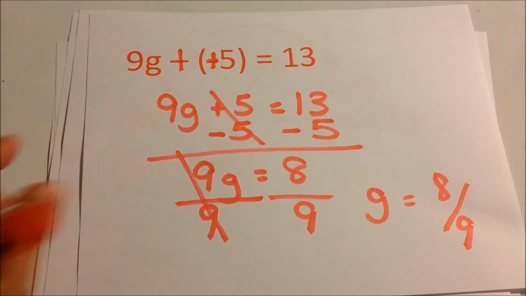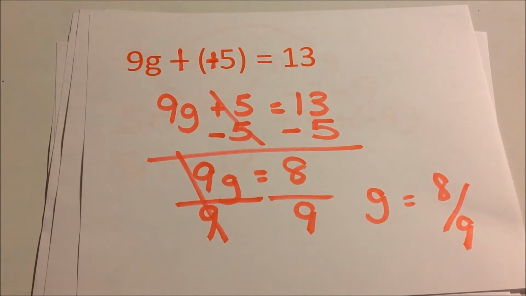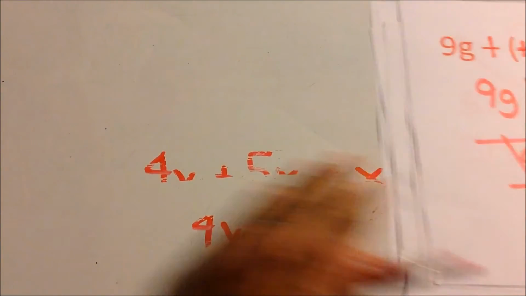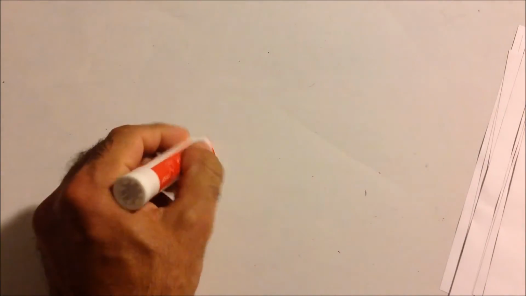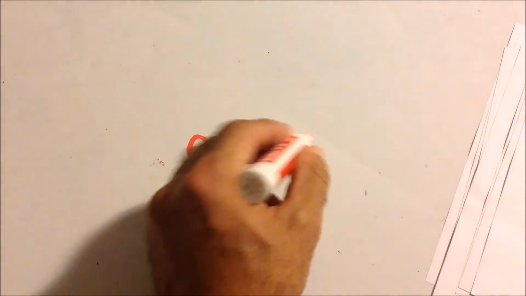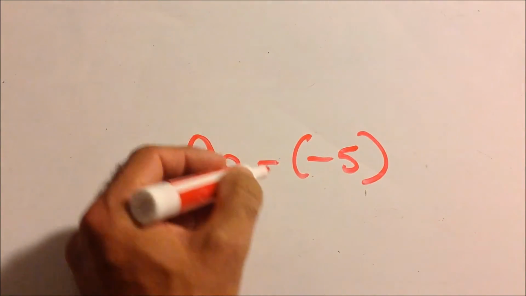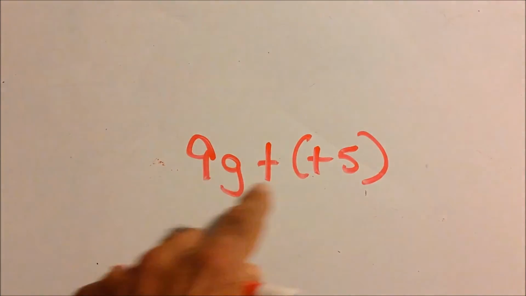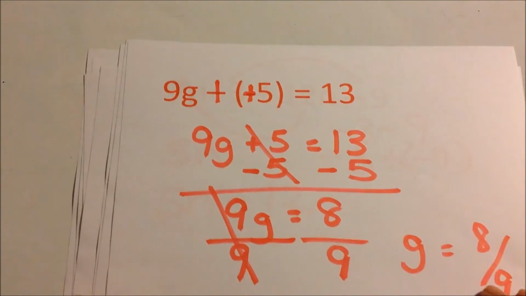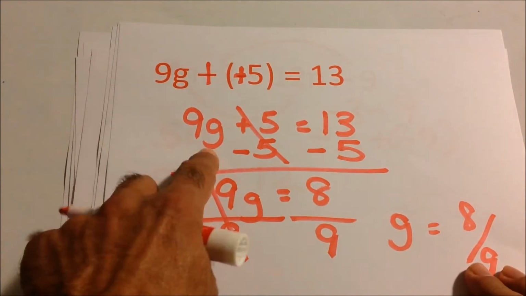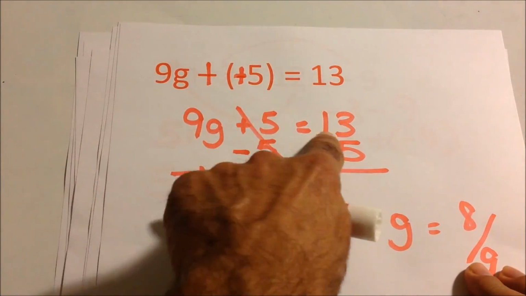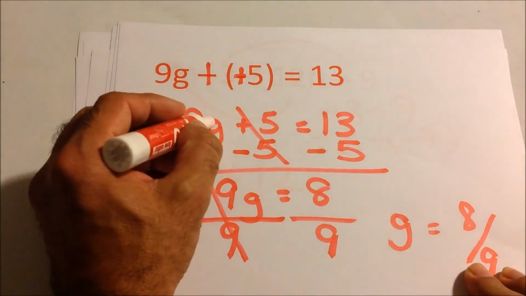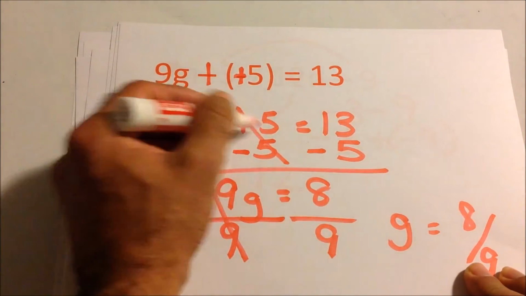Okay, so if we had this equation here, let me just write this again. All right, so if we had a 9g minus 5, remember, keep, change, we'll get a plus everything. So it turns into that. So we want to get the g alone. We have now a 9g plus 5 equals 13. We want the g alone, so we have to get rid of the 5 and the 9.